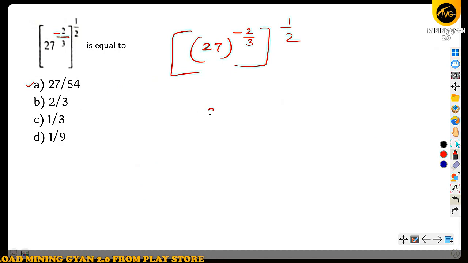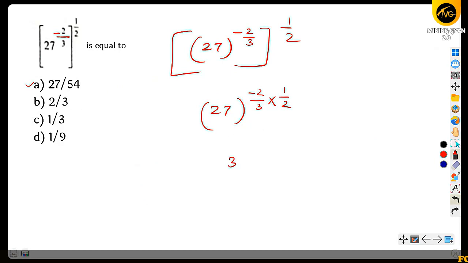27 को हम लिख सकते हैं 3 power 3, and just one step back, 27 power minus 2 divided by 3 and multiply 1 divided by 2. Clear? Now 3 power 3 and 2 cancel, so minus 1 divided by 3.